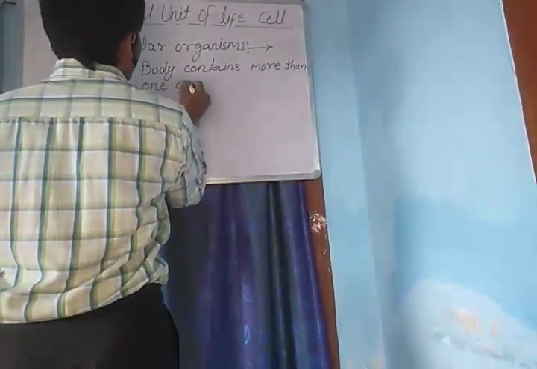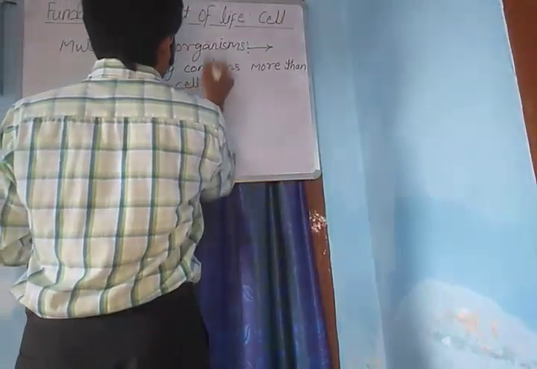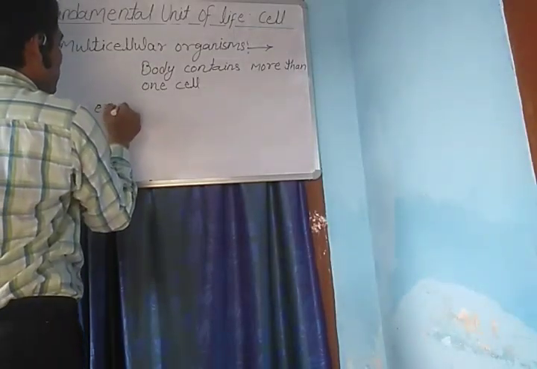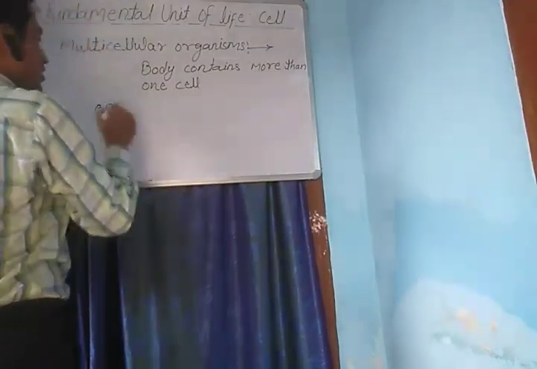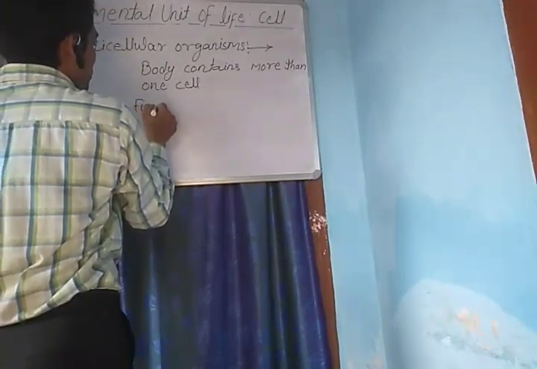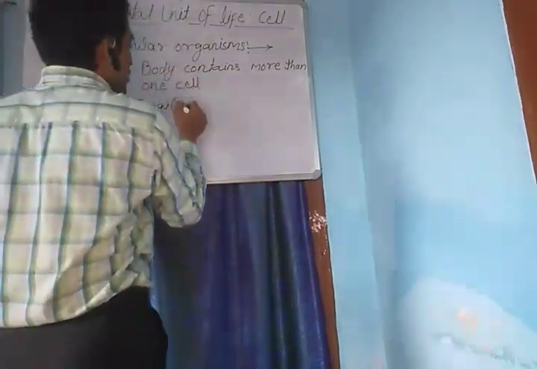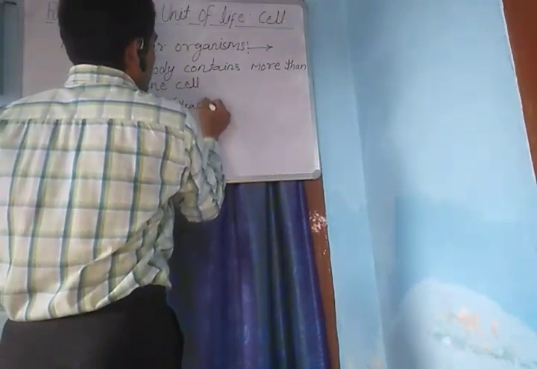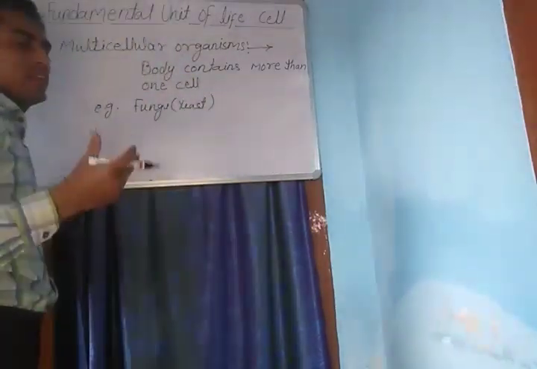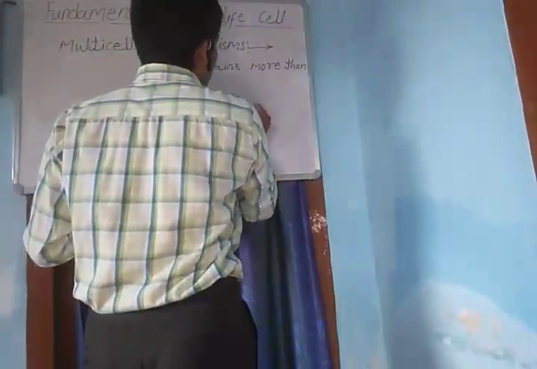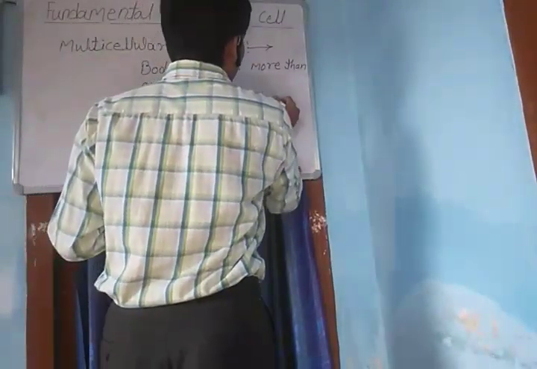Examples are fungi; here one exception is yeast. Yeast is the only fungus that is unicellular. Next are all the plants and animals.